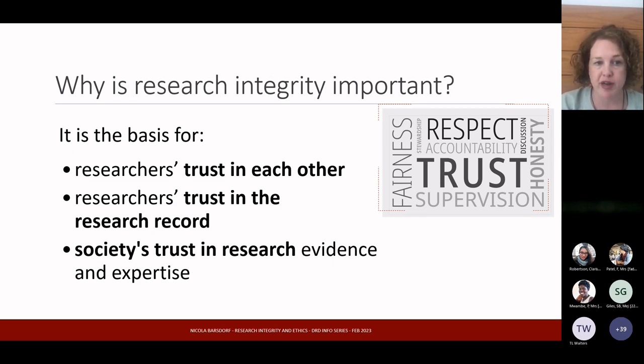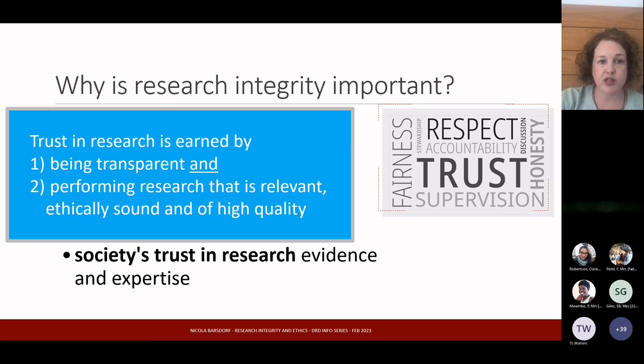We can trust their research record. And it also spills over into society's trust in research evidence and expertise. And we've seen, during the COVID era, an erosion of society's trust in some of the science. But this is why research integrity is important, so that we can trust each other, we can trust those outputs and publications that go into the academic space, and so that society can maintain its trust for the work that we do.